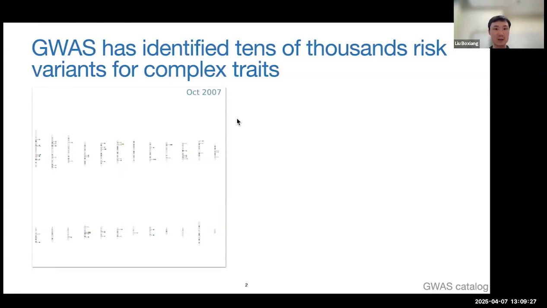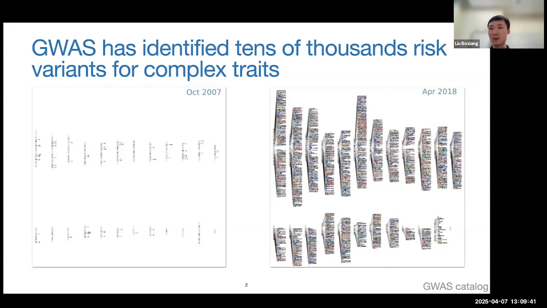As you can see, at the completion of the first successful GWAS, the number of signals across the genome was quite sparse, and you can clearly count them. But then in 2018, after about 10 years of development, the number of signals has expanded significantly.